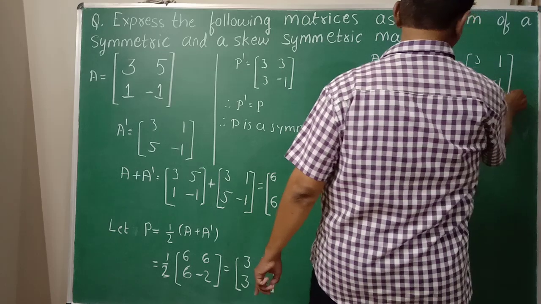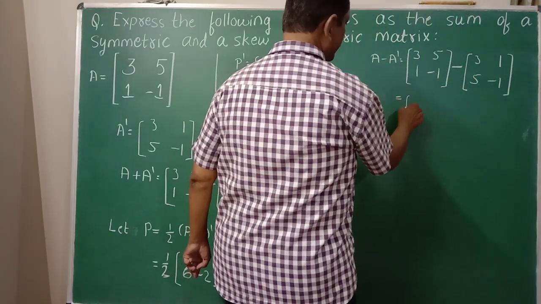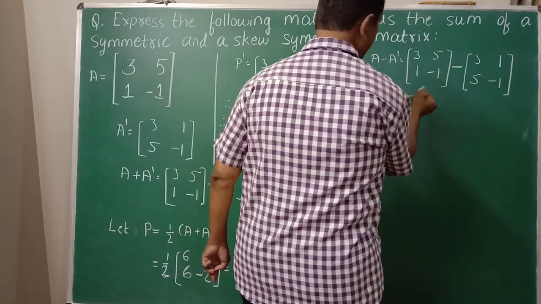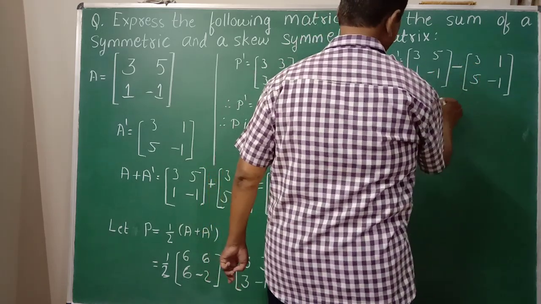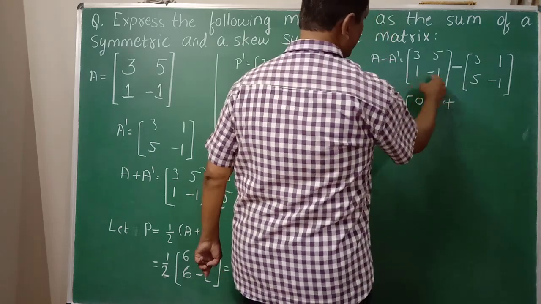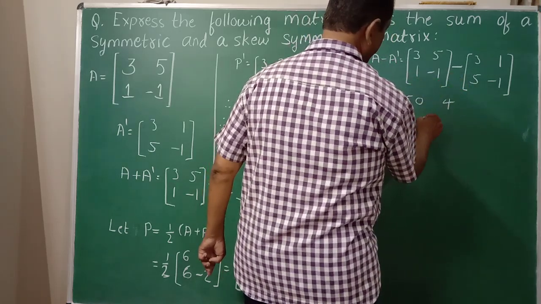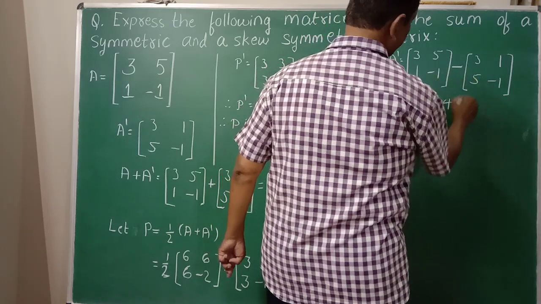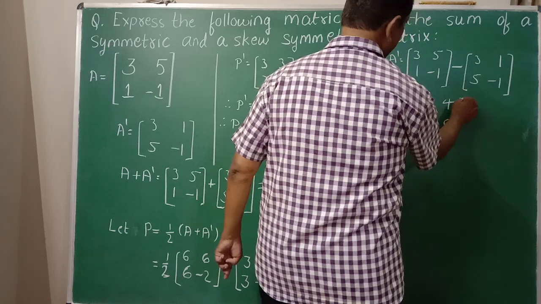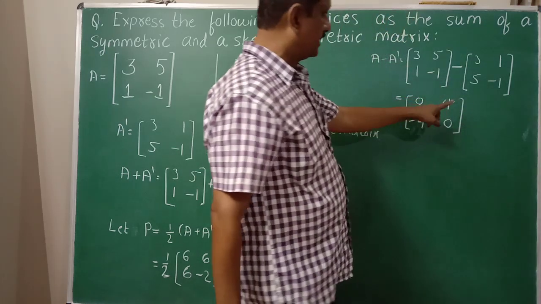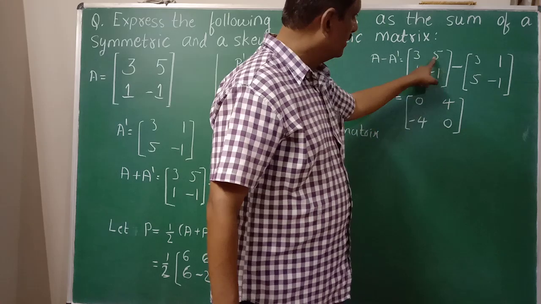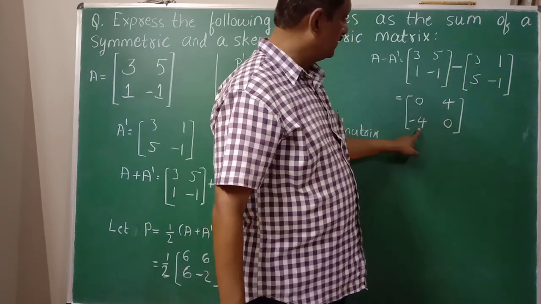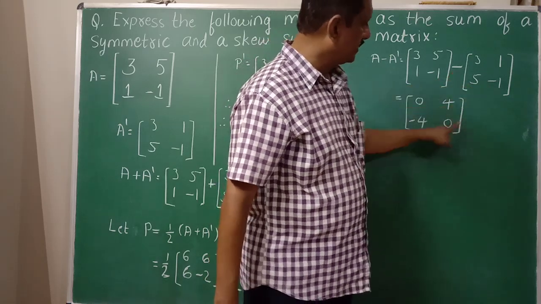Then subtracting these two, 3 minus 3 becomes 0, 5 minus 1 is 4, 1 minus 5 is minus 4, and minus 1 minus of minus becomes plus, so minus 1 plus 1 becomes 0.